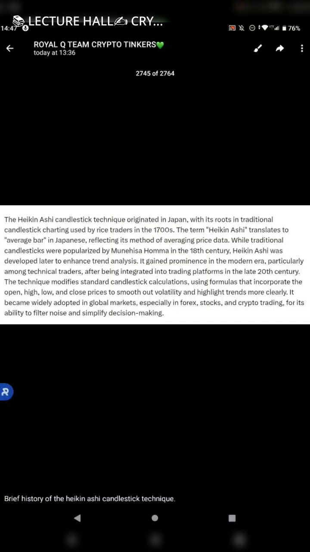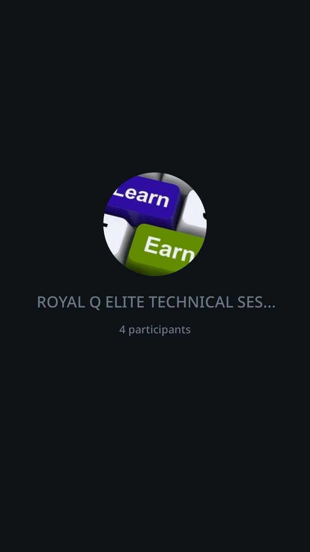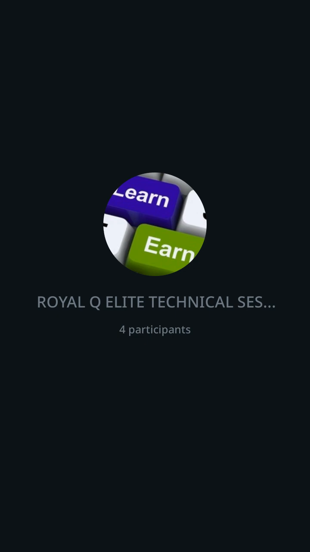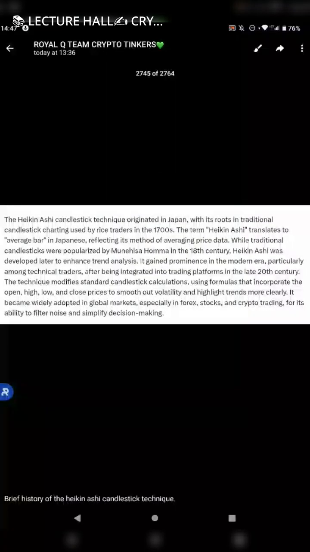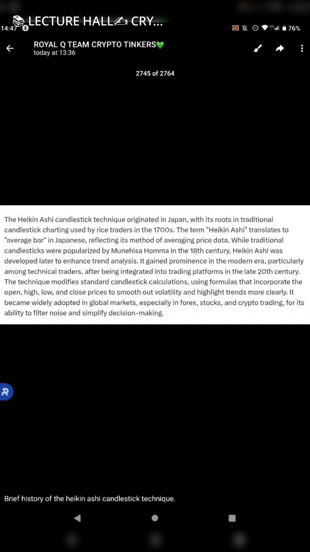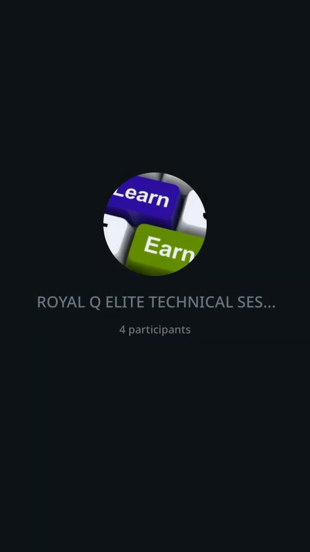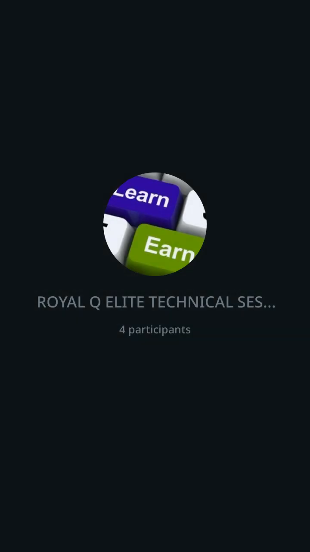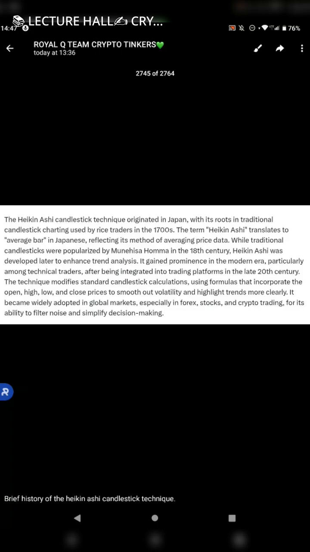The technique modifies standard candlestick calculations using formulas that incorporate the open, the high, the low, and the close prices to smooth out volatility and highlight trends more clearly.